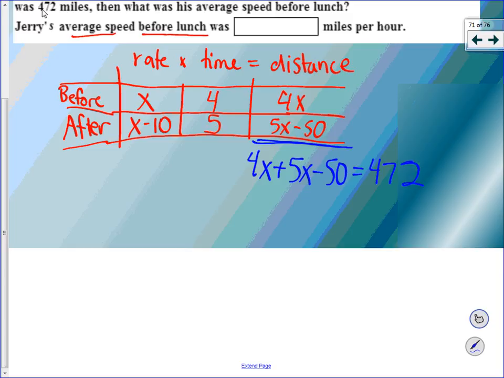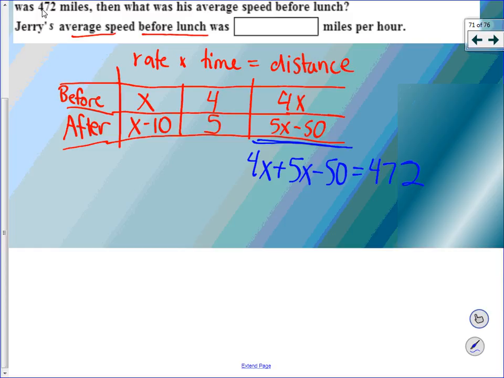Okay, total distance. It doesn't say one distance or the other, it says the total distance is 472 miles. So notice I found the distance by multiplying across, because rate times time equals distance. I added those up, and I got 472. Questions on that?